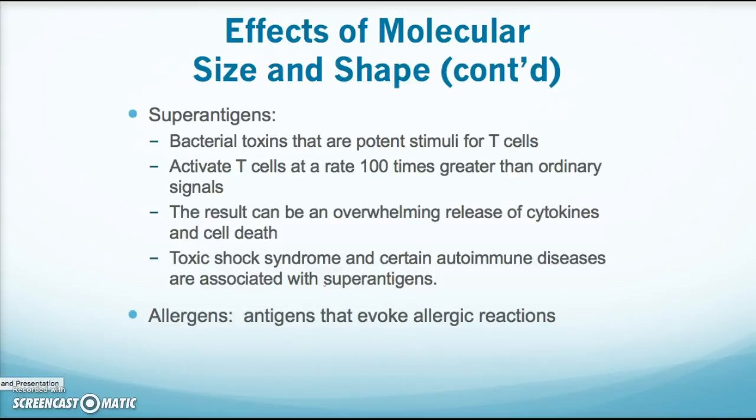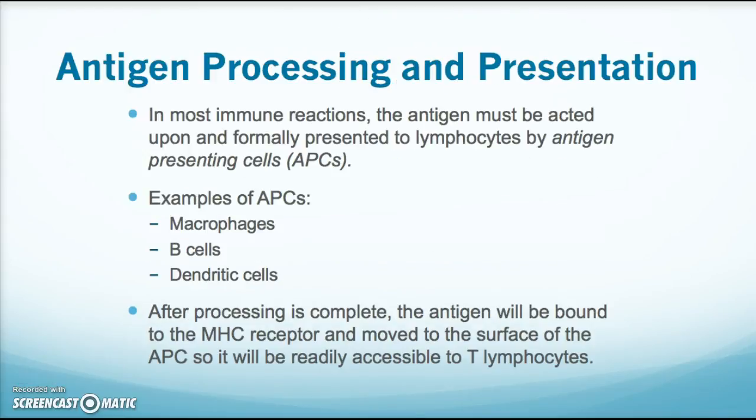So how do these antigens get presented? We talked about the fact that they need to be presented for a T cell to recognize them. In most immune reactions, that antigen is going to be presented to lymphocytes by an antigen presenting cell, shortened to APC. Some that you would see are macrophages, B cells, and dendritic cells.